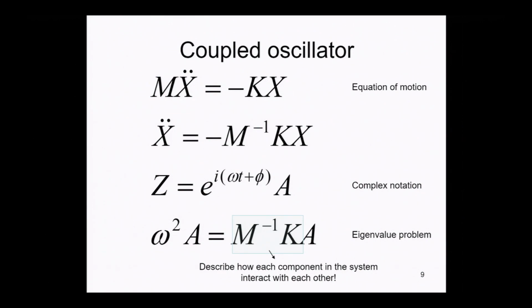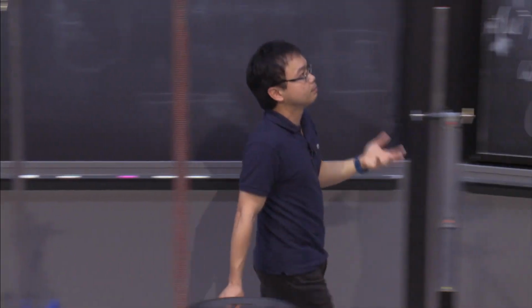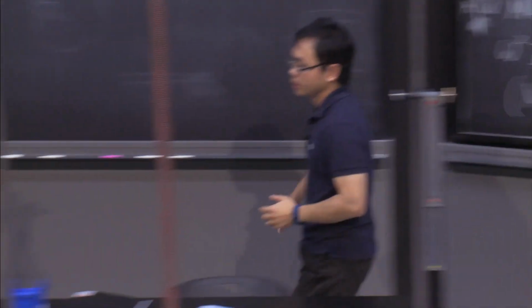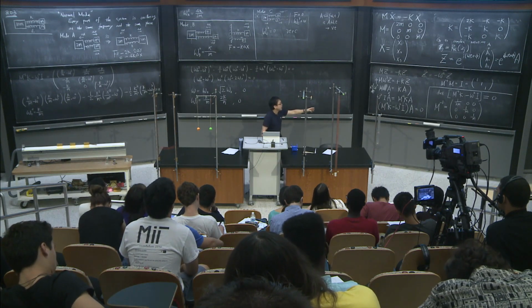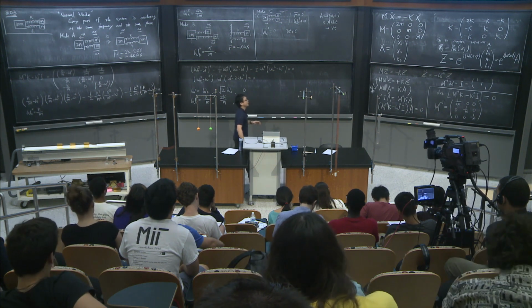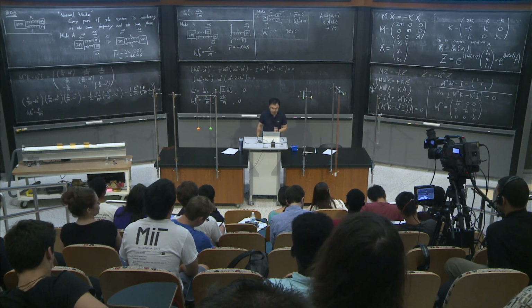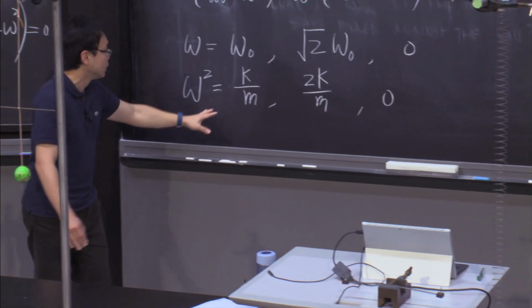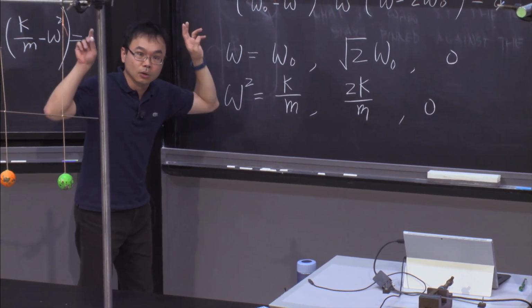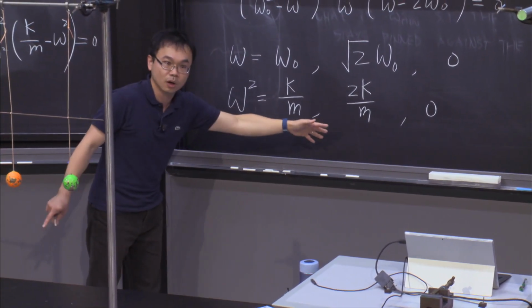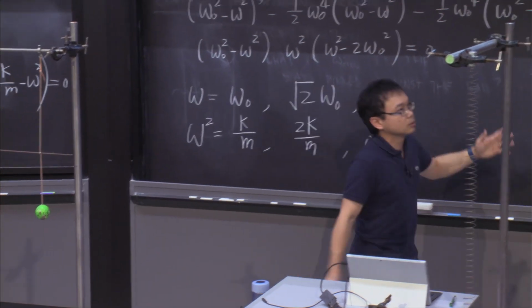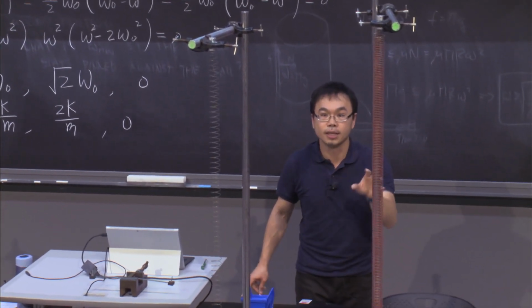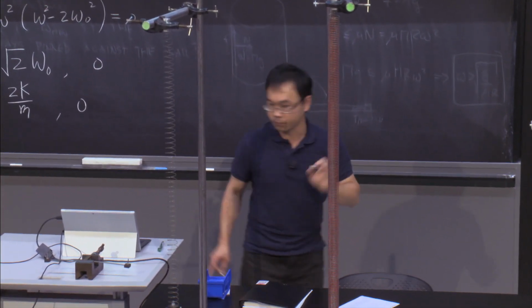Then I will be able to figure out the possible omega values which satisfy this eigenvalue problem, or this determinant of n minus 1k minus omega squared I equal to 0 problem. After solving all those, you will be able to solve the corresponding so-called normal mode frequencies. And of course, you can plug those normal mode frequencies back in, then you will be able to derive the relative amplitudes A1, A2, and A3, okay?